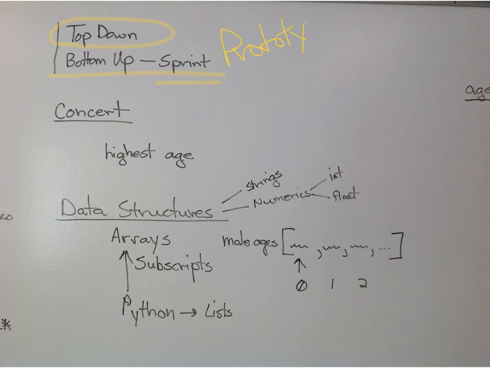A prototype allows you to build something quick, so you build some code quick, and then you just keep improving it. So you get a design done quickly, and then build it from the bottom up, rather than spending a lot of time doing this on the front end.